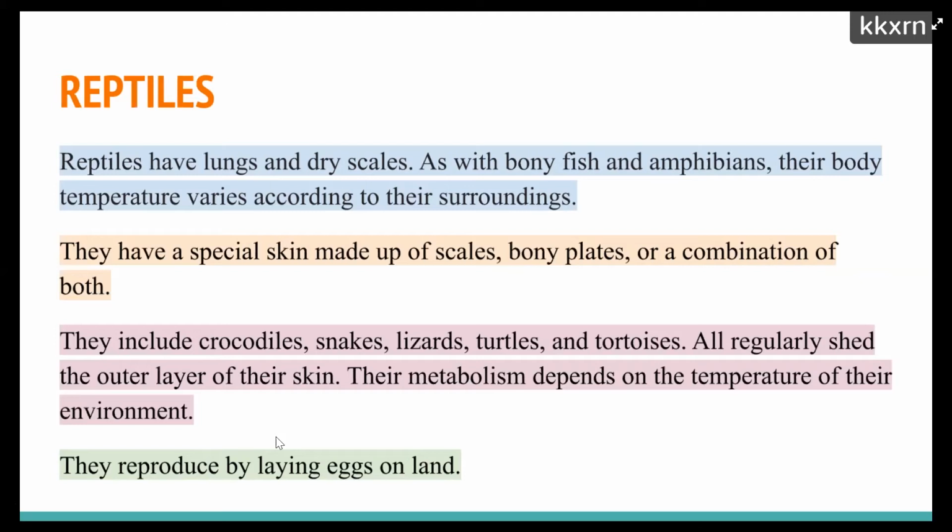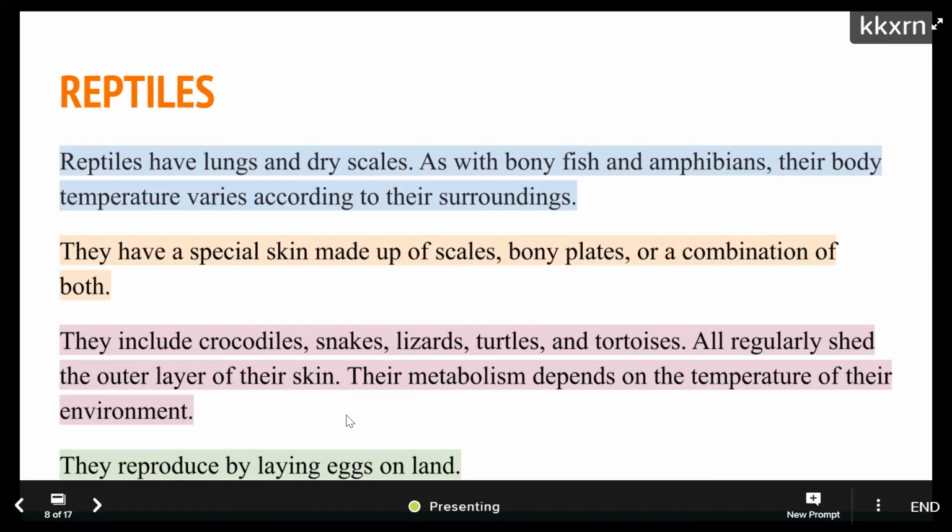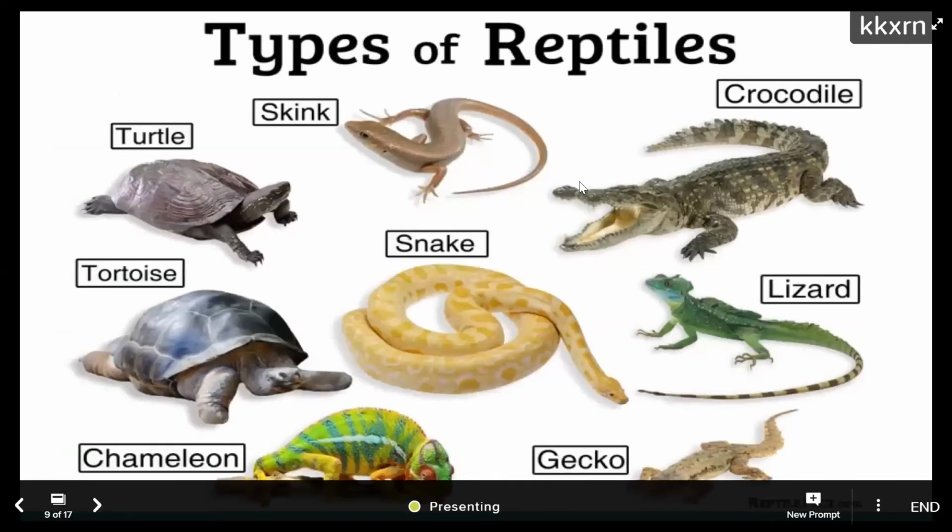For example, an amphibian like a frog. They only become like a mature frog in the later stages of life. But reptiles resemble the mature reptiles since they are in their eggs, okay? That's the difference. Let me show you some pictures of reptiles.